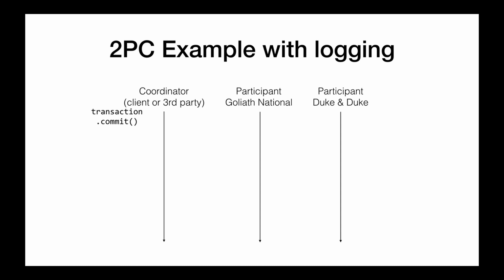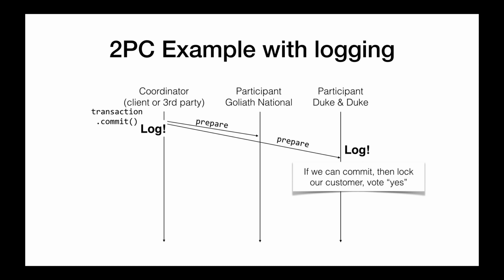So again, we'll just overlay what's happening in terms of fault tolerance and recovery. We start off our transaction, and we're going to log the fact that this transaction is starting and what its transaction ID is. Those prepare messages get sent out. Those get received on each client. The clients have to log that too, so the clients need to know that the transaction had been started by the coordinator. And we do our stuff. If we're able to commit, we do our work, and we vote.